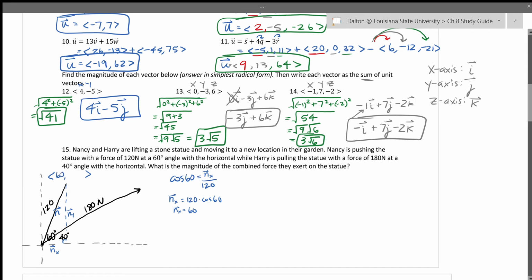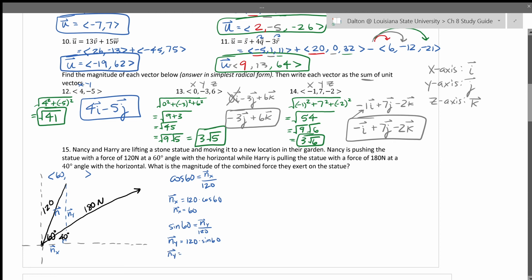And then we need to find her y component. The y value is found by doing the sine of 60, which is equal to n sub y over 120. Again, if I multiply both sides by 120, I get vector n sub y is equal to 120 times the sine of 60.